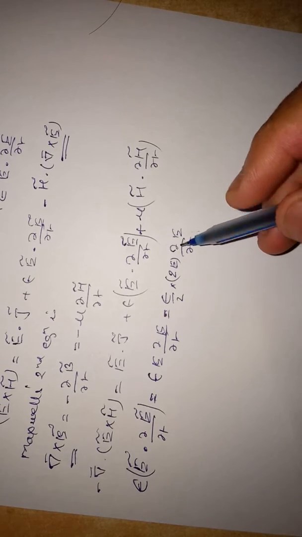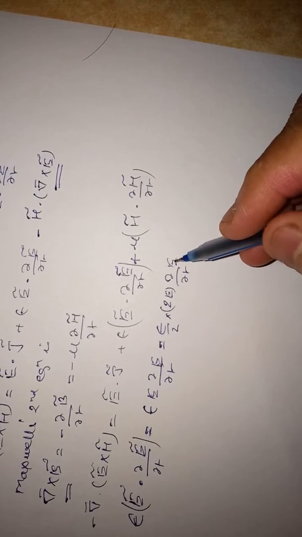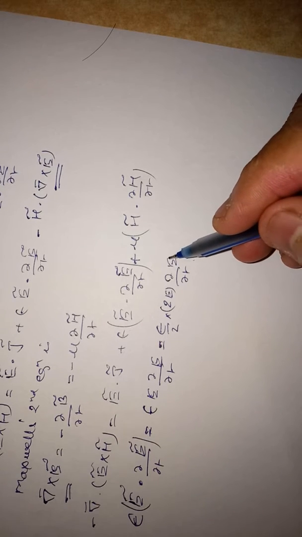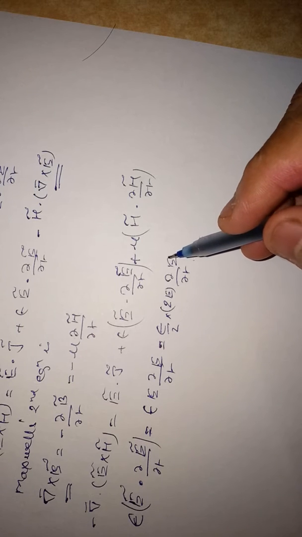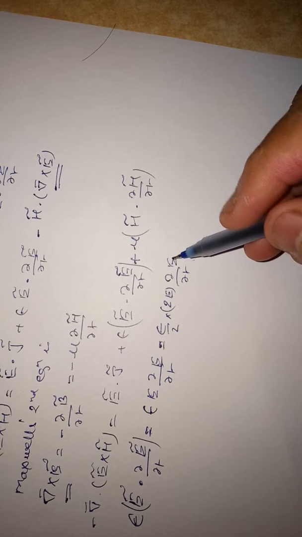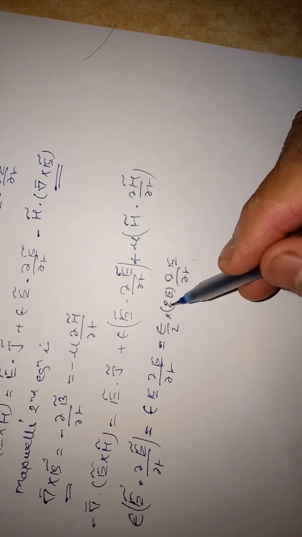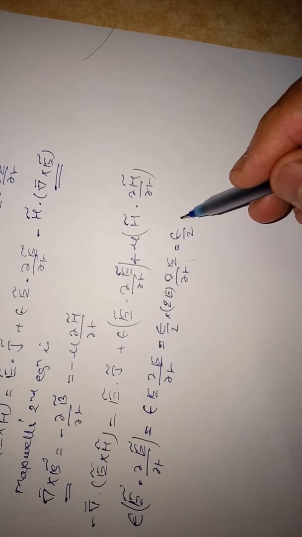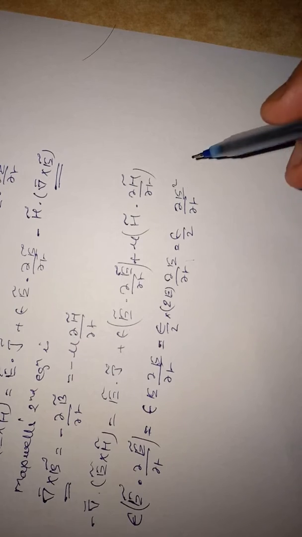This looks like the result of the derivative of E square, because E is a function of time. E is a function of time, so its derivative will not become 0, and the derivative of E square will be twice E into the derivative of E. So it will be like this: epsilon by 2 derivative of E square.